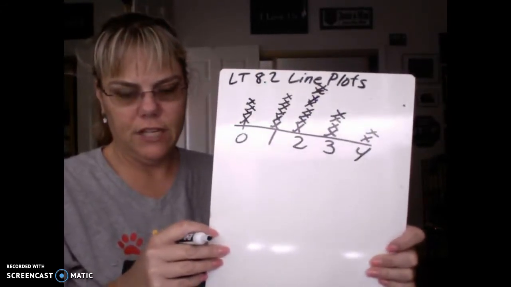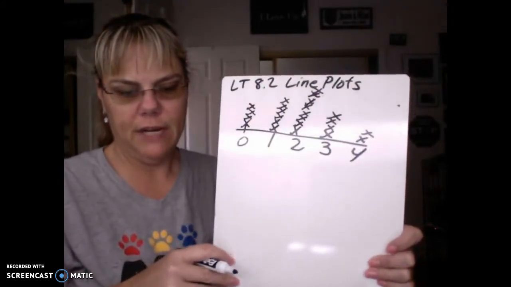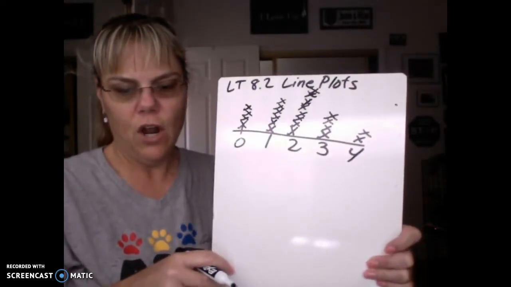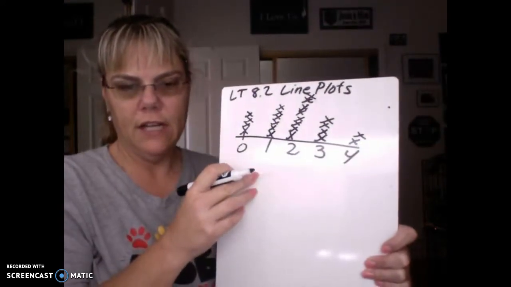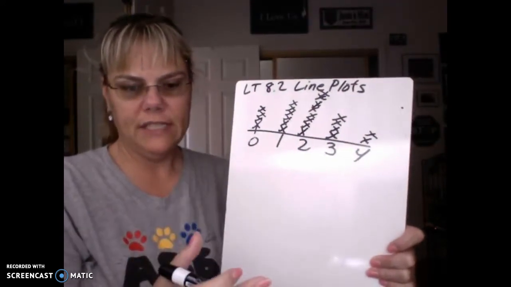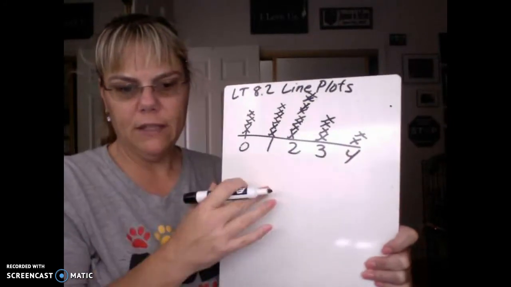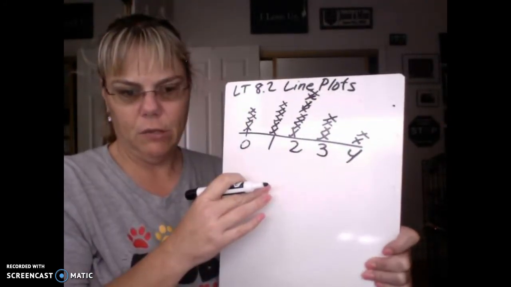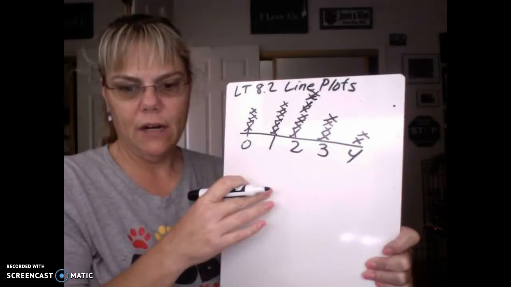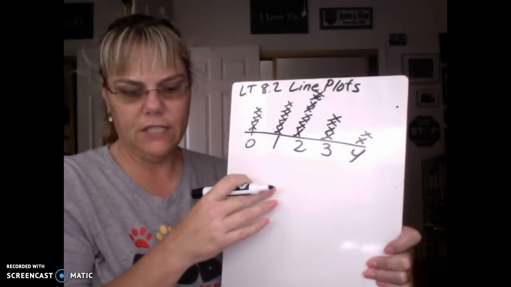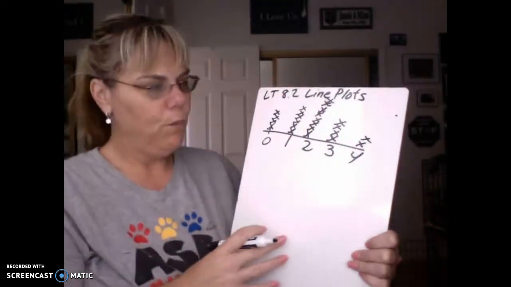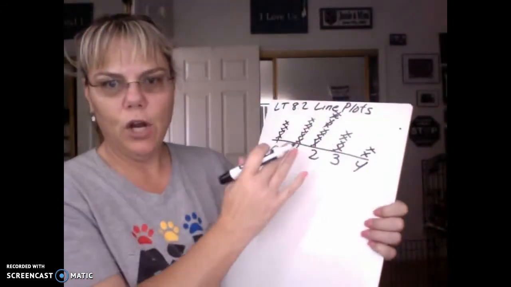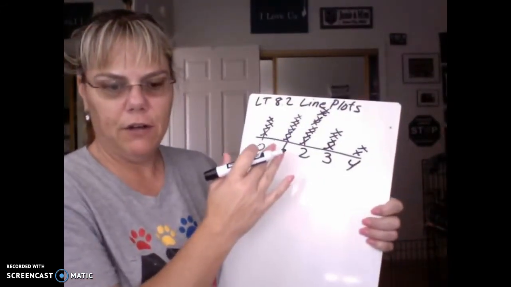As you see there, it says step 2, place as many X's above each number as there are responses for that number. That's what we just did. Step 3, describe the data represented in the graph. So we're going to say, what do we know about this data that we figured out in this line plot?